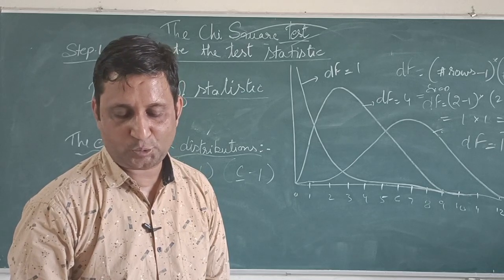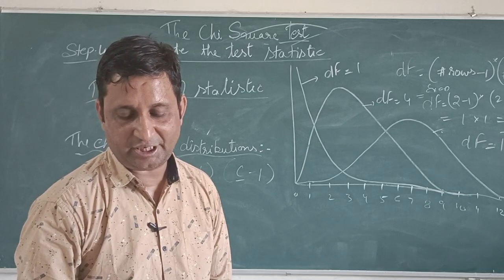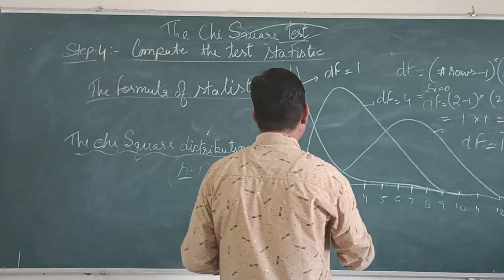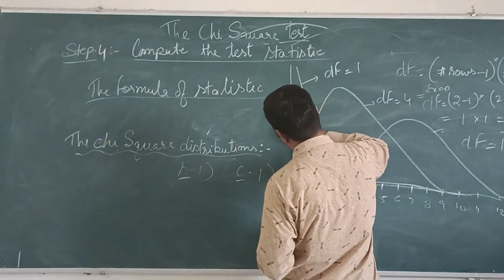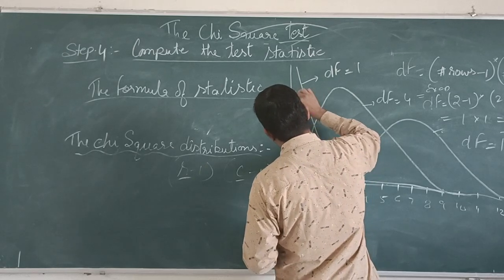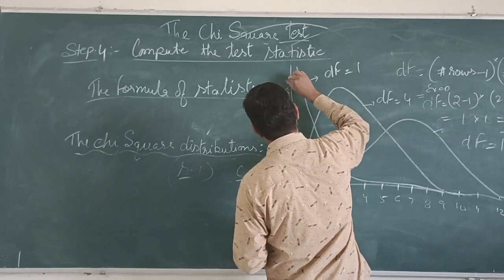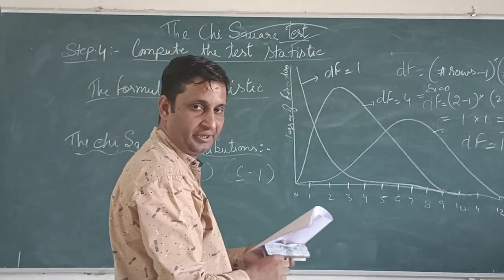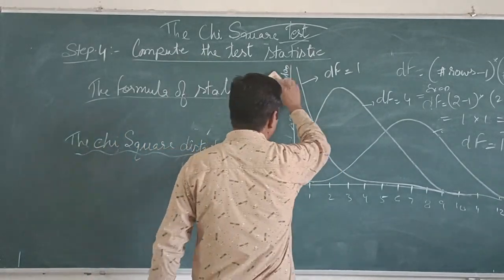The shape of the distribution changes as the degrees of freedom increase. Okay?